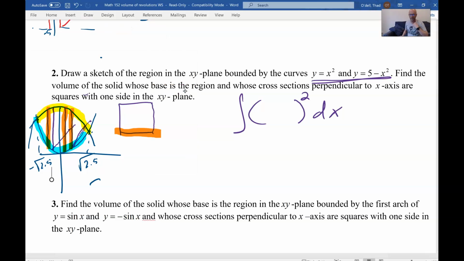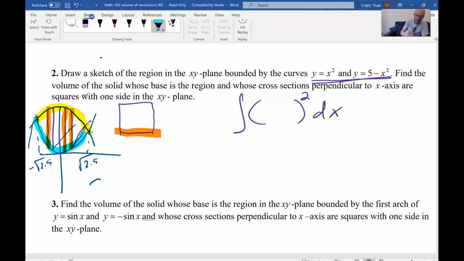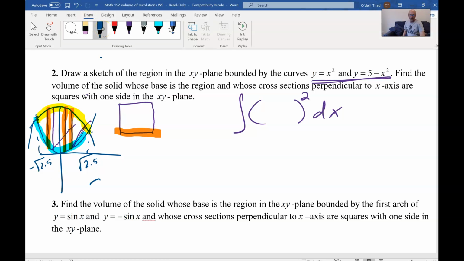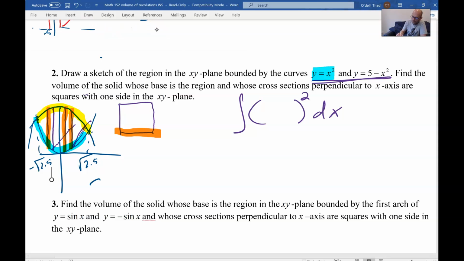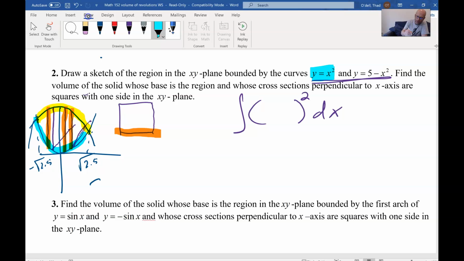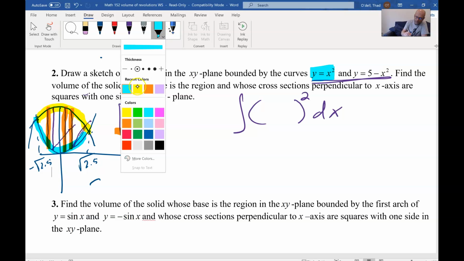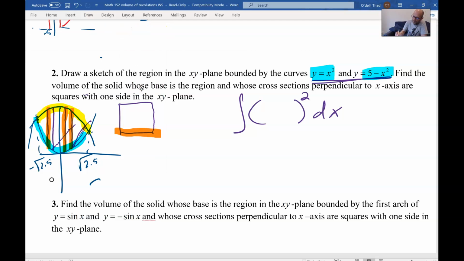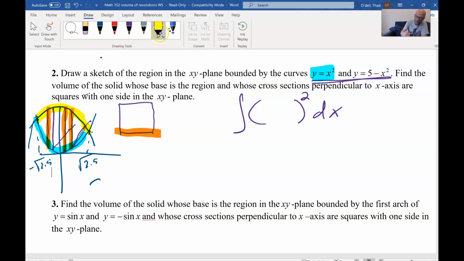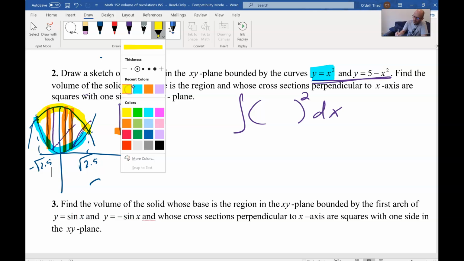Do you see that? That's the length of that orange line. So this expression would be, well, what is the yellow? Well, the blue is that guy, and the yellow is that guy.